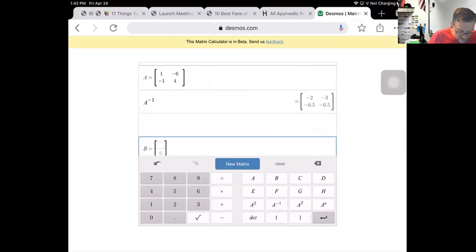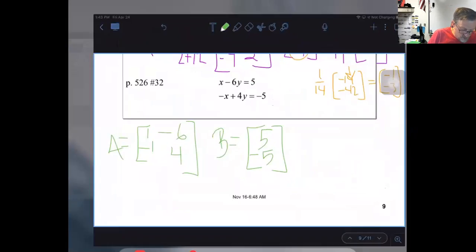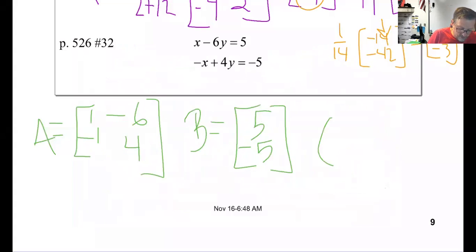Put in my 5 and then negative 5, and then simply multiply the inverse of my first matrix times my second matrix, and those are my two answers, 5 and 0. X is 5 and Y is 0.